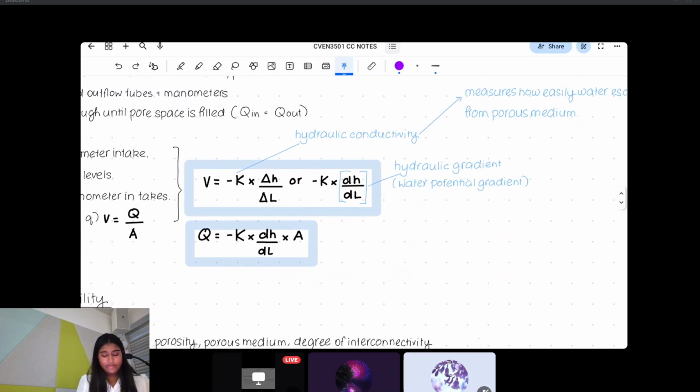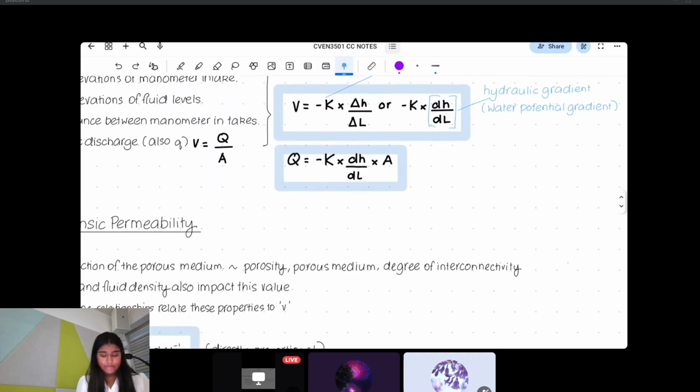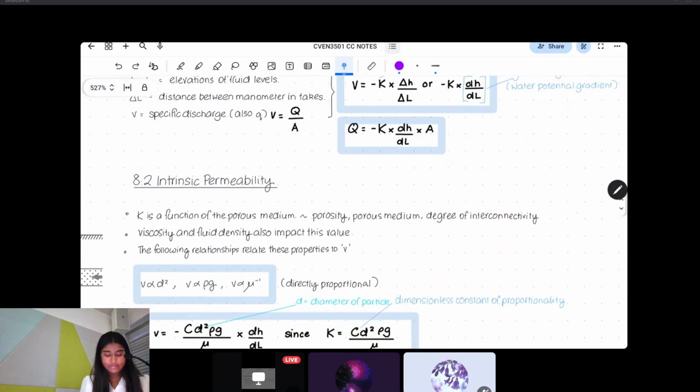All of that is multiplied by the change in hydraulic head over the horizontal distance. There are two ways to write it; they're both the same, just rearranging this equation and making Q the subject. Those are two really important equations.